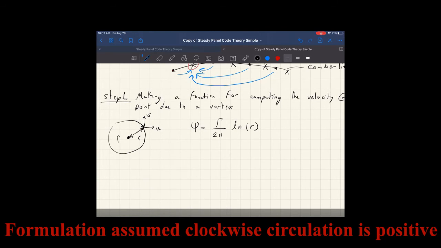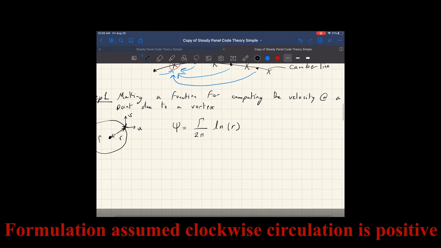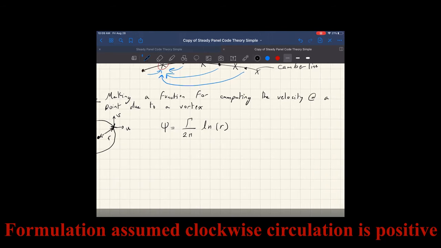And to turn this expression into a Cartesian frame, we simply change r into the Cartesian frame.